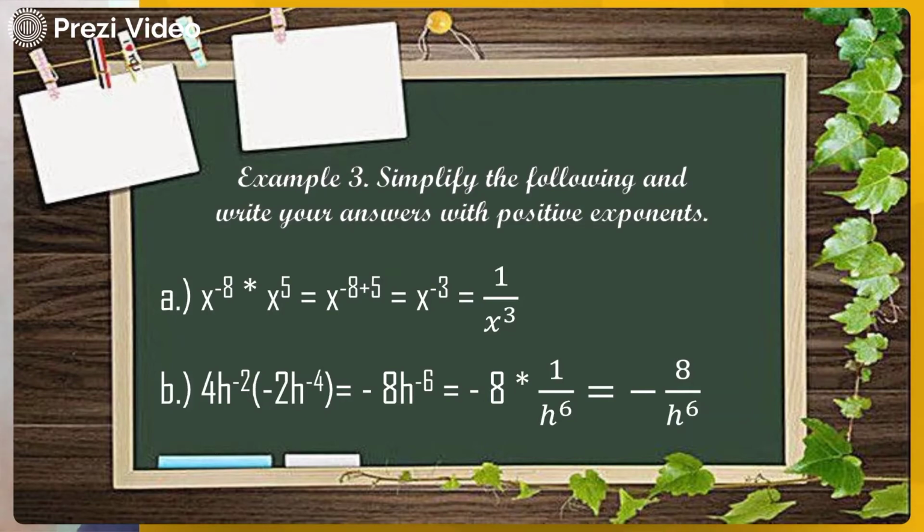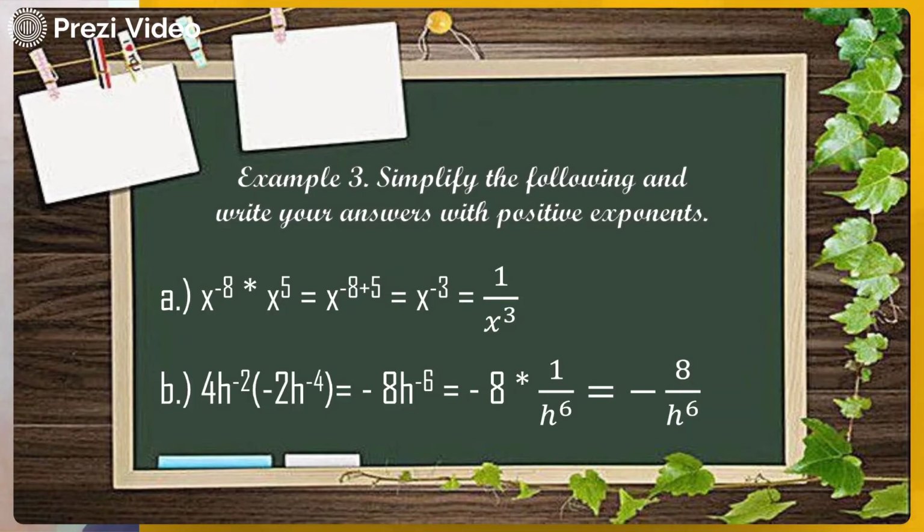Again, when we multiply using the laws of exponents, we add the exponents: negative 2 plus negative 4 is negative 6. Is this the final answer? Of course not, because the base h still has a negative exponent.